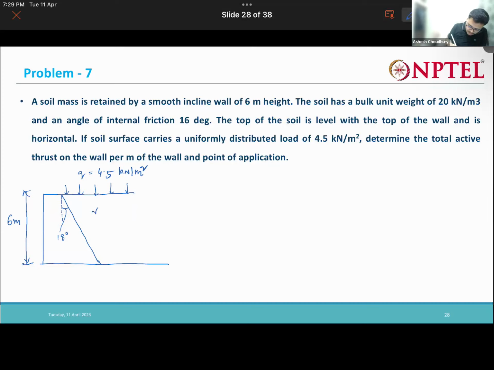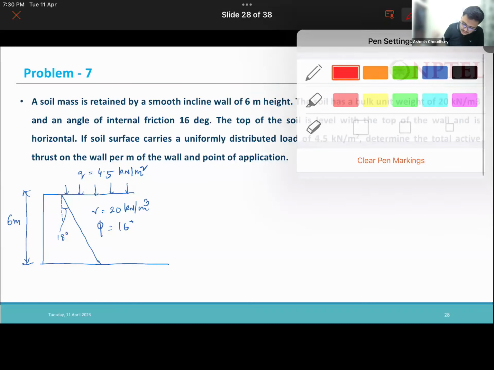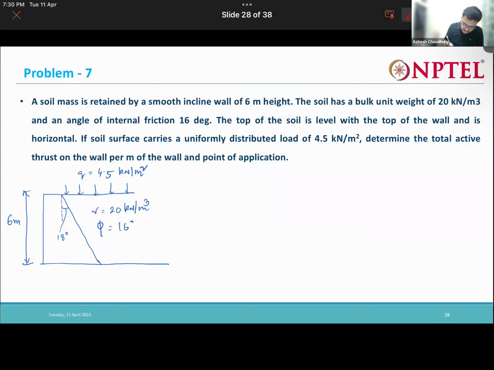Gamma is 16 degrees. So for this case, we will be converting. This total is my wall. The wall is actually inclined at 18 degrees. So this wall I will be converting to like this.